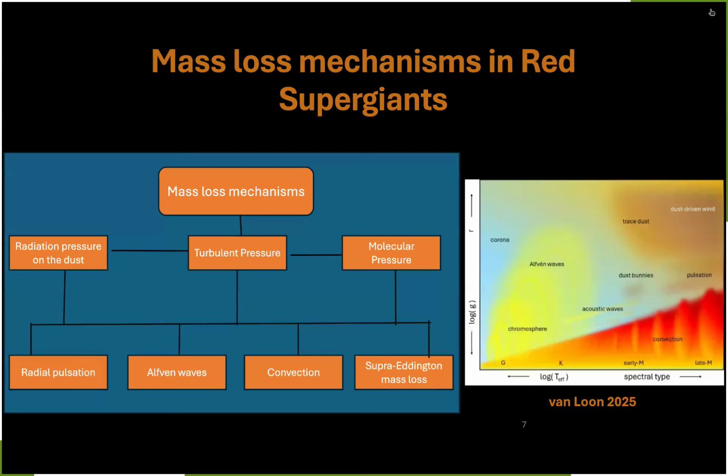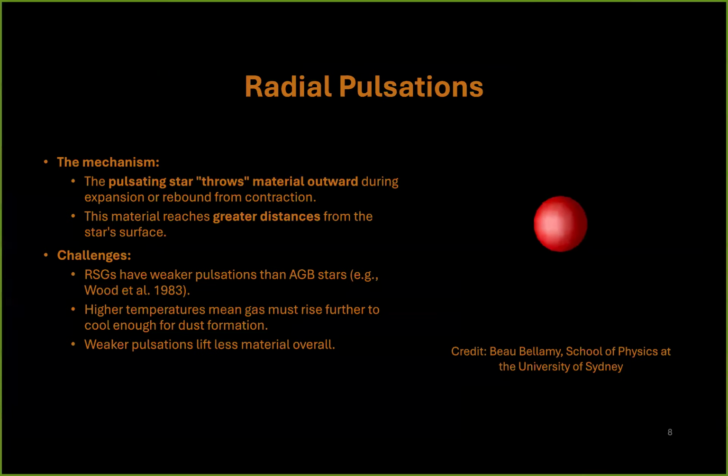I was mentioning that you mentioned a bit about radial pulsations driving mass loss. But in red supergiants, the pulsations are not strong enough to drive the material to large enough distances for dust-driven mass loss, right?